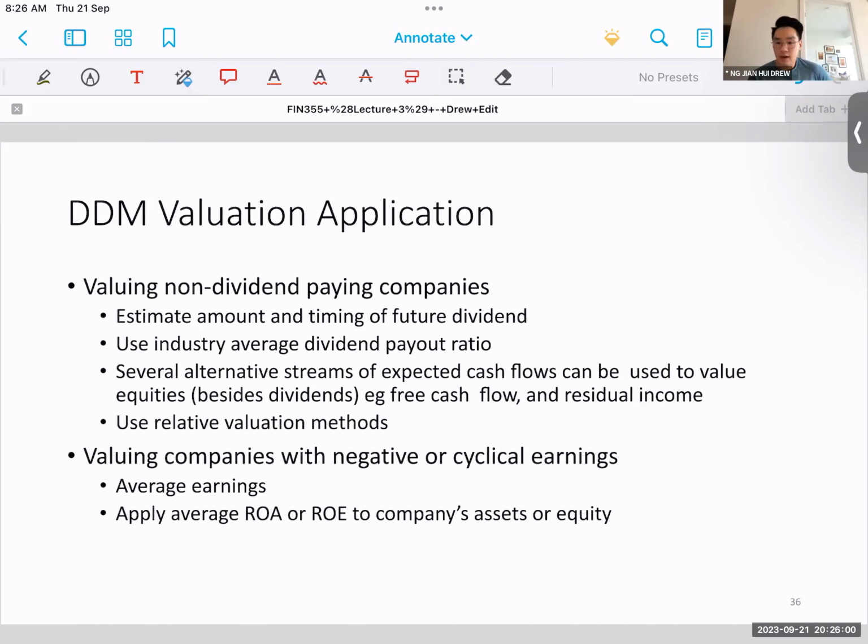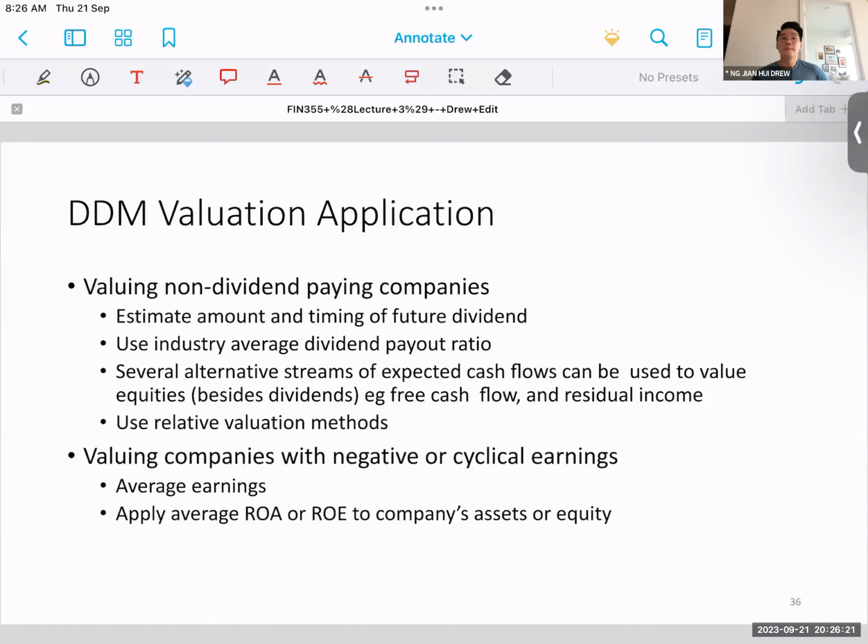Okay, I think we do have a question. The question is: if the company has a dividend policy aligned with profitability but has unstable growth, what do you do?